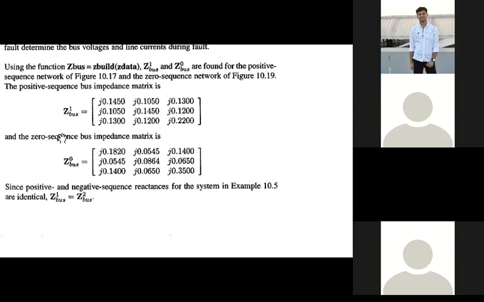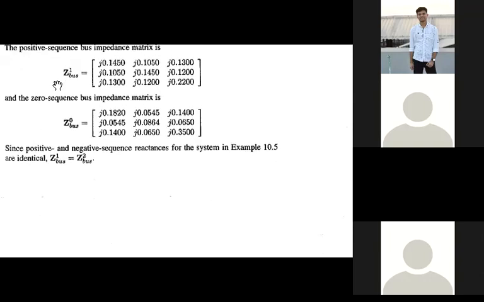So it is the result or outcome of that Z bus, that means Z bus 1 and Z bus 0. And Z bus 1 and 2 are the same. They have the same reactance information for both scenarios, positive and negative.